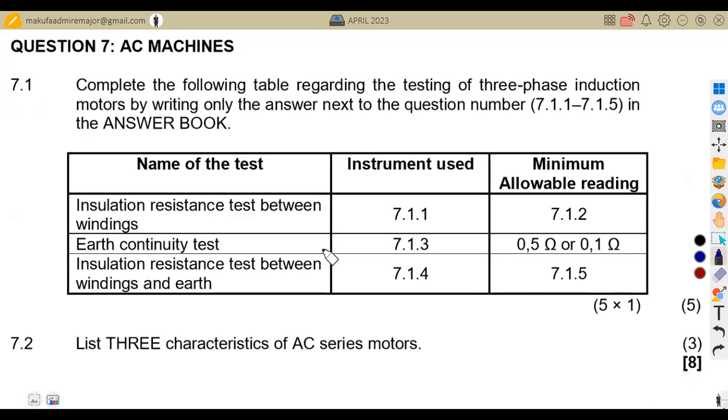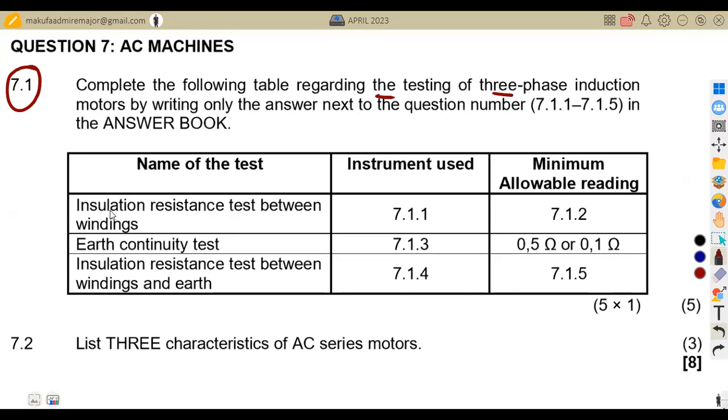All right, then we are given the other part of our question, which is on the AC machines. 7.1, complete the following table regarding the testing of 3-phase induction motors by writing only the answer next to the question number.